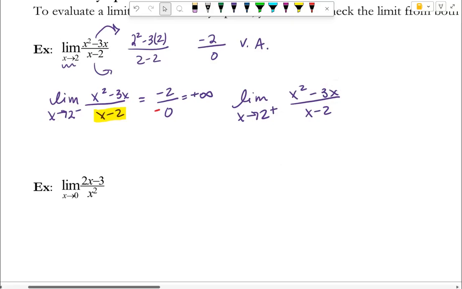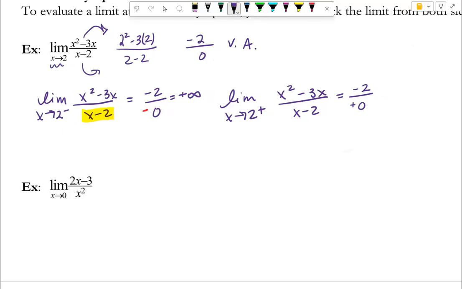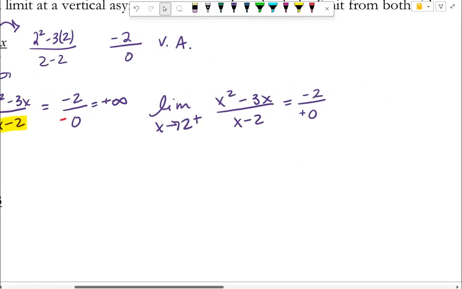All right, so then from the right, we already know the numerator is negative 2. Our denominator is now going to be a positive 0, because if I plug in a number that's just a little bit bigger than 2, like 2.00001, and I subtract 2 from that, I have a positive. So again, we have to follow those division rules.